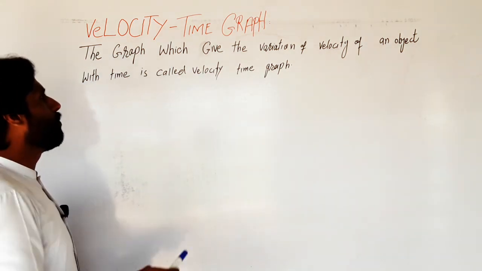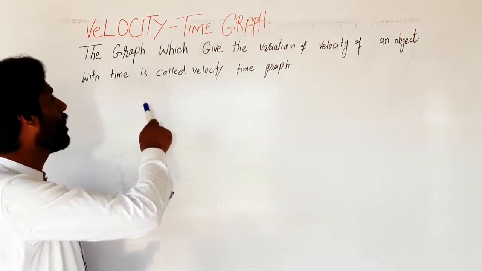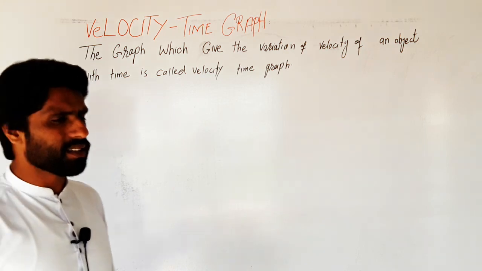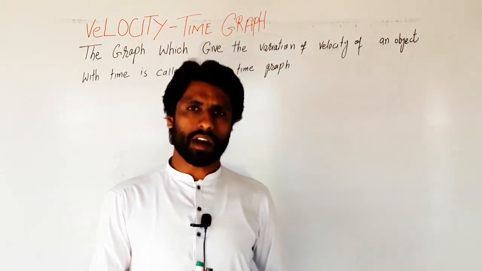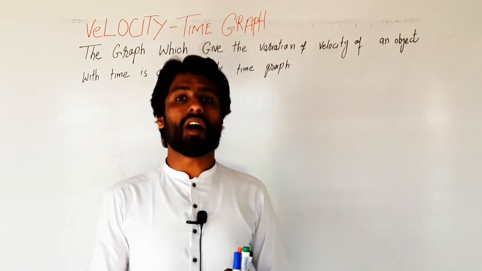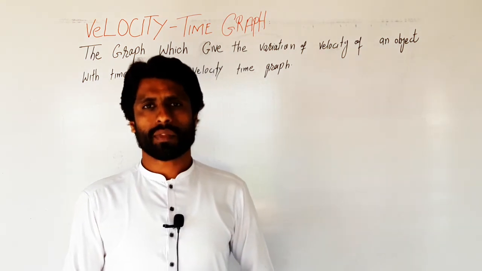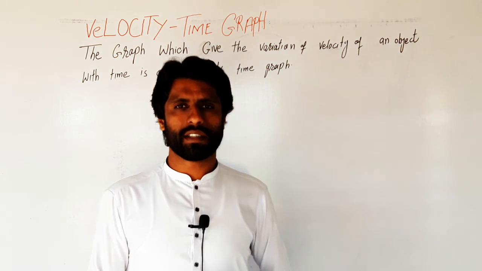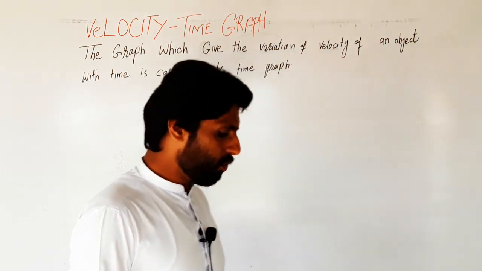The graph which gives the variation of velocity of an object with time is called a velocity time graph. There are different conditions according to the variation of velocity. We discuss all the conditions, draw the graph, and discuss in detail how velocity varies with respect to time.